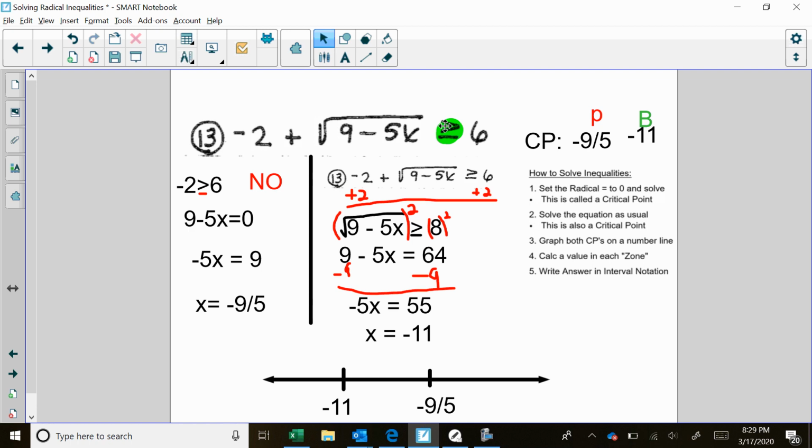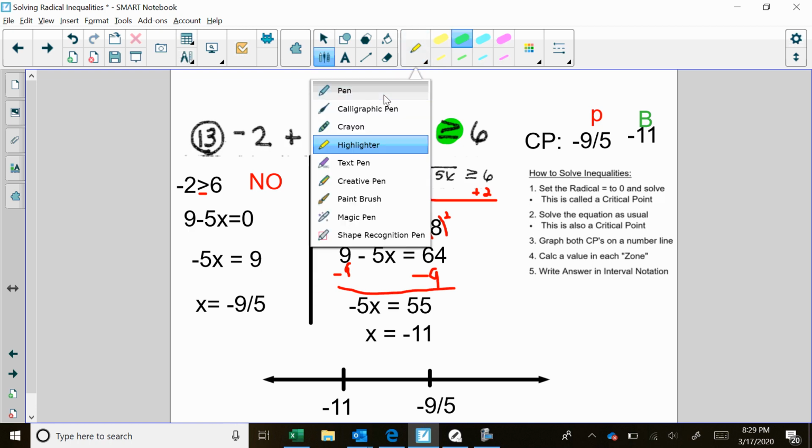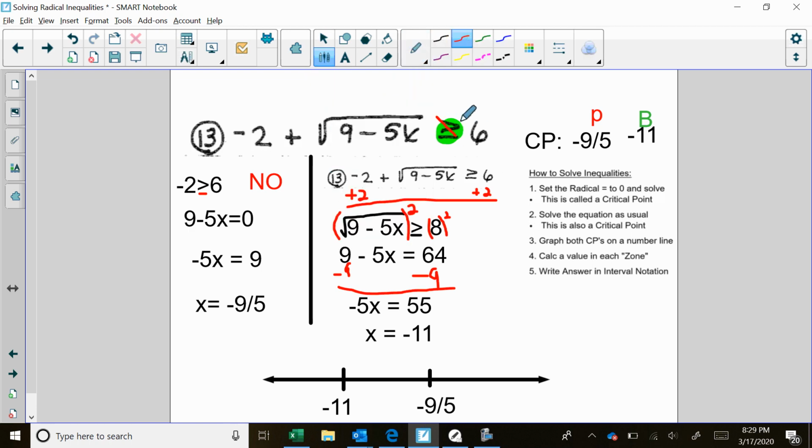Now, here comes something really tricky in this problem. At some point, when we divided by this negative, this inequality flipped signs on us, making it a less than or equal to sign.